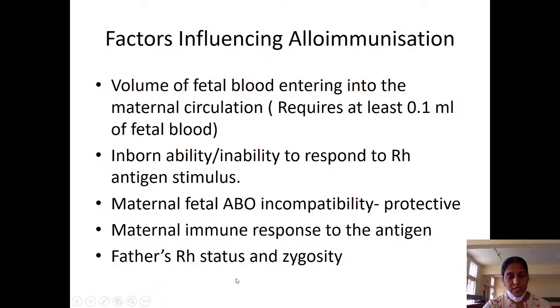If the father is homozygous, capital D, then 100% of the children will be Rh positive. If the father is heterozygous, one capital D and one small d, then 50% of the children will be Rh positive. So we consider the father's status and also the zygosity.